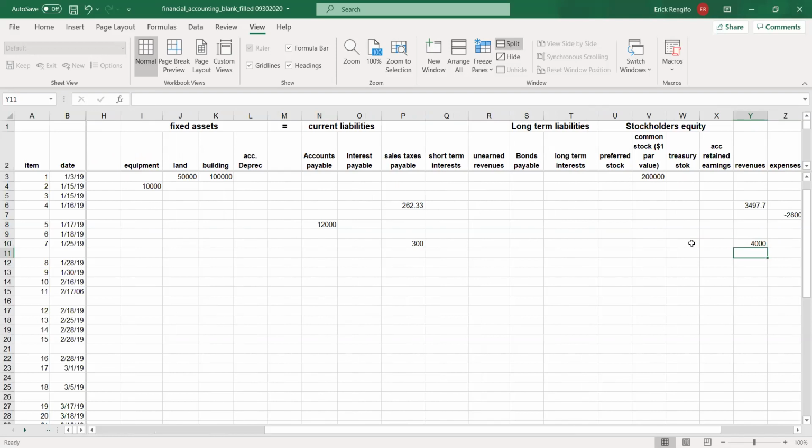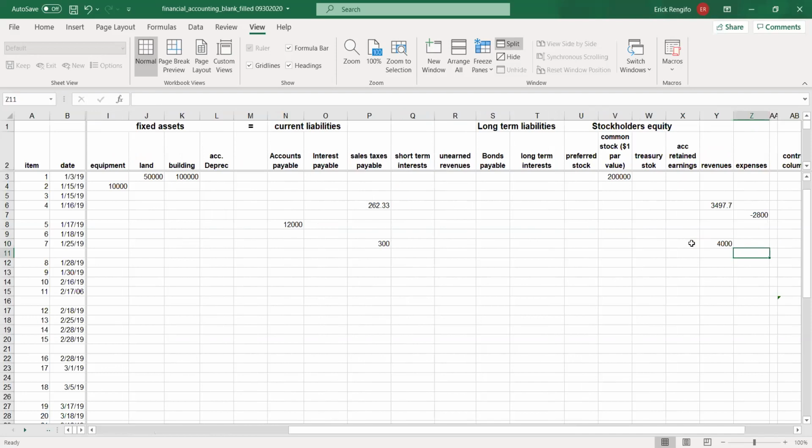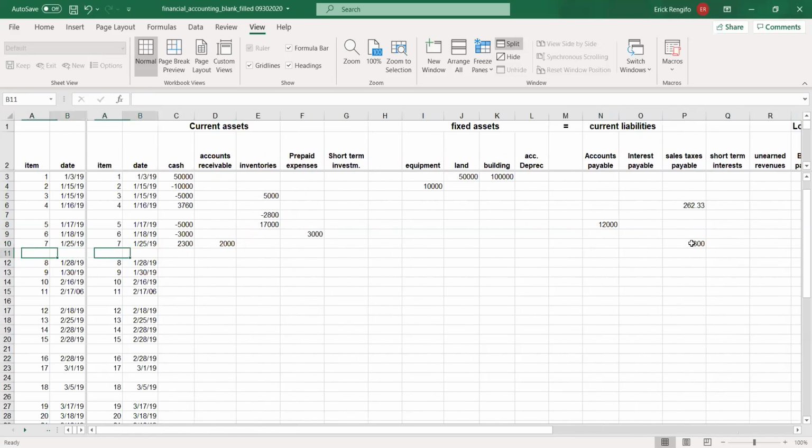Now, to produce these $4,000, I need the cost of goods. So my cost of goods here are equal to $3,500. So I should have negative here, it's an expense. And this reduces what, guys? It reduces inventory. My inventory. That's it.